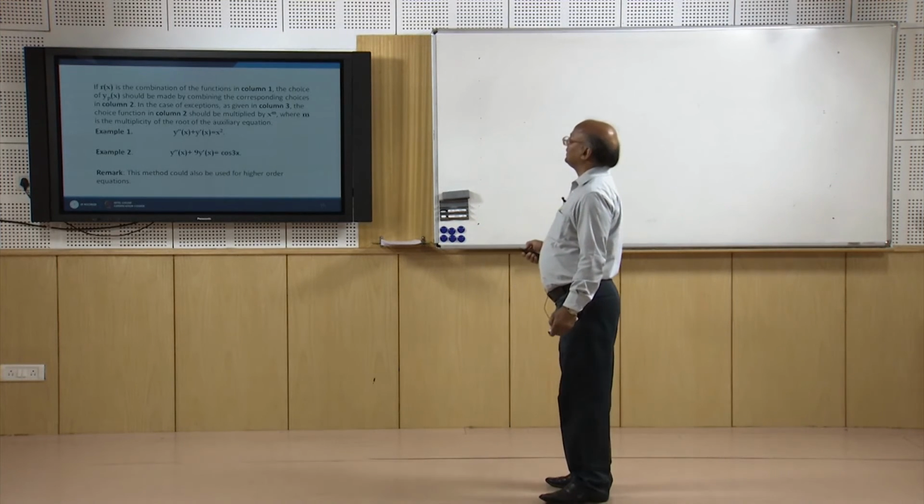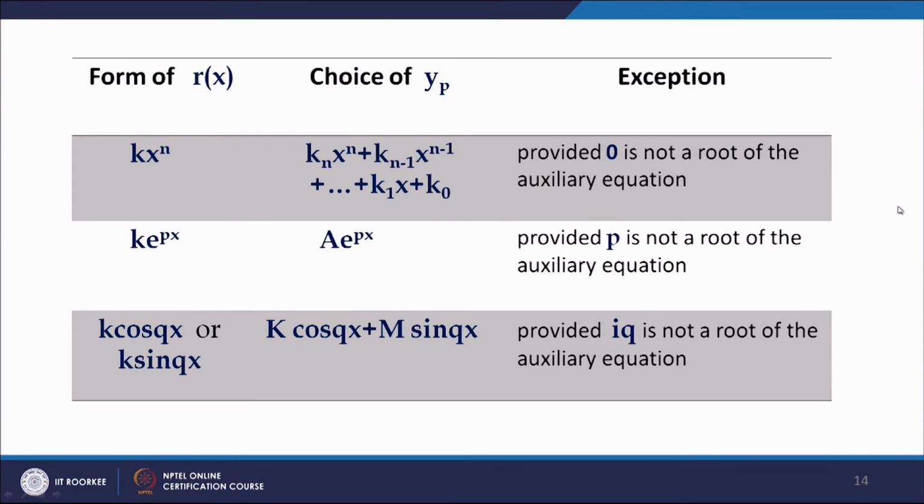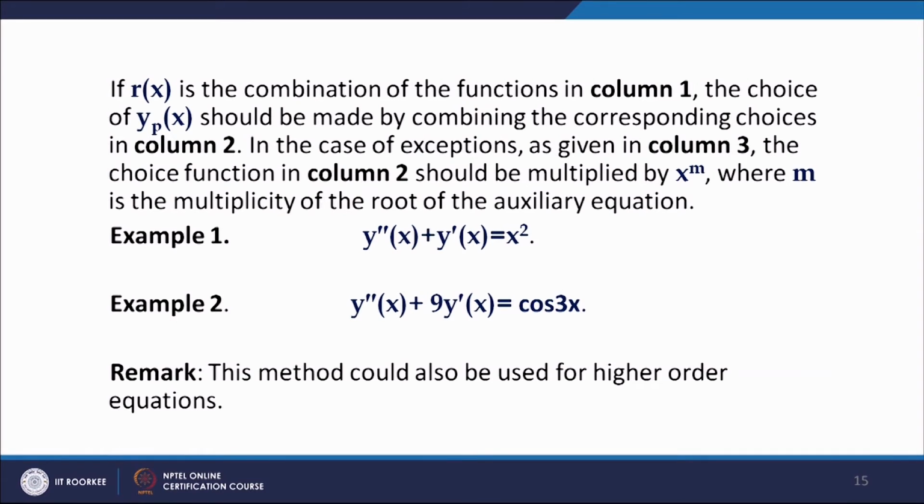If Rx is a combination of functions given in column 1, then the choice of yp(x) should be made by combining the corresponding choices in column 2. In the case of exceptions as given in column 3, the choice function in column 2 should be multiplied by x to the power m.